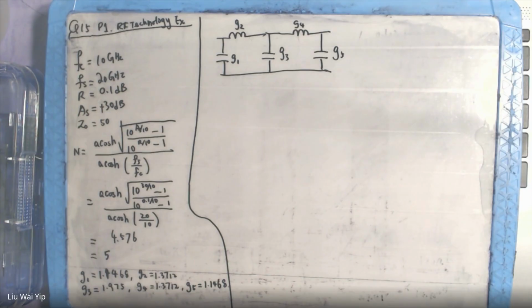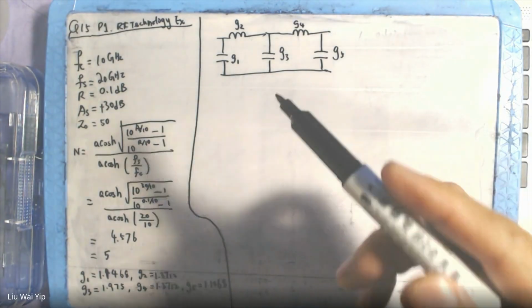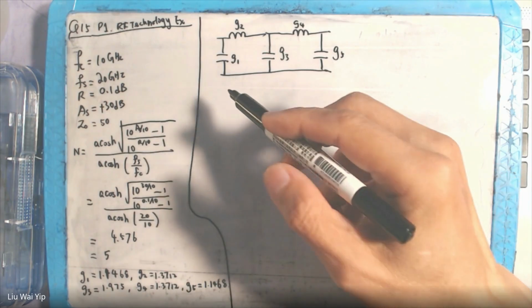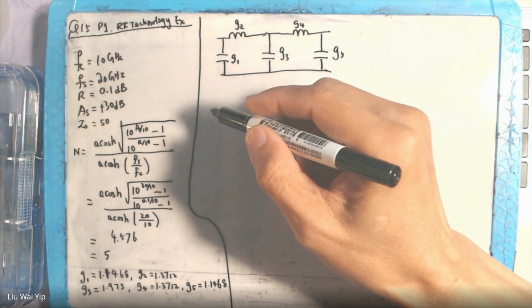The next thing that you need is a procedure, the so-called Richards transformation.